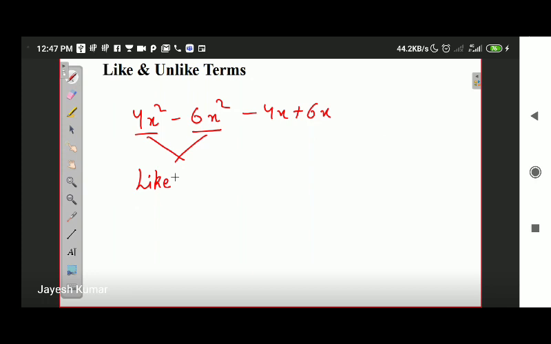What are like terms? If the variable part of 2 or more terms is exactly same. What do I mean by exactly same? The variable should be same as well as its power should be same.